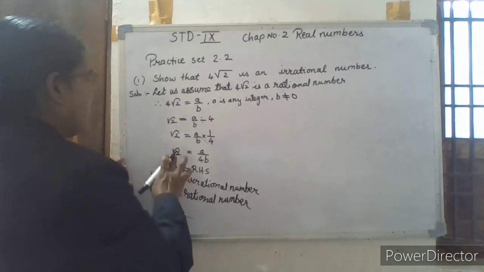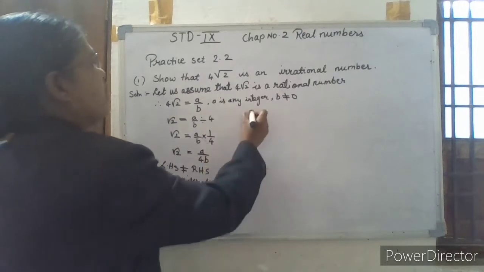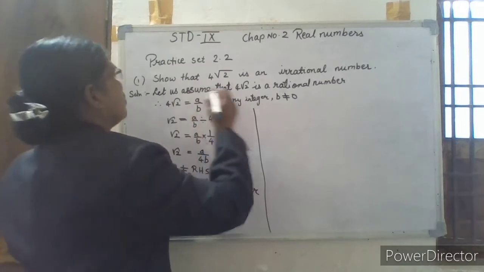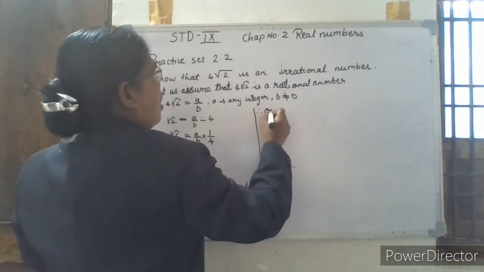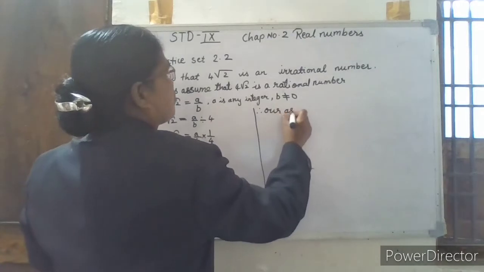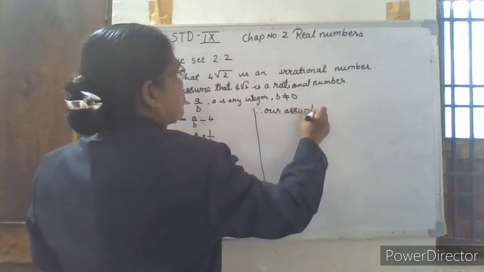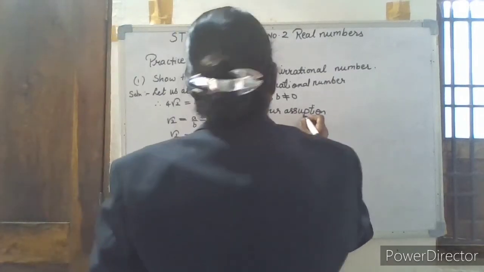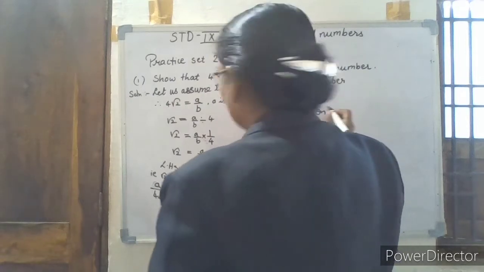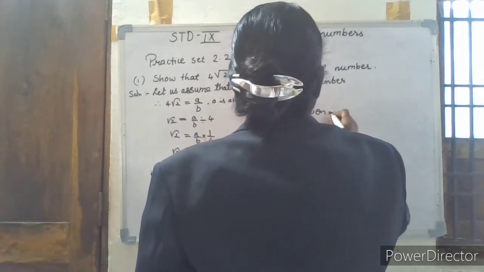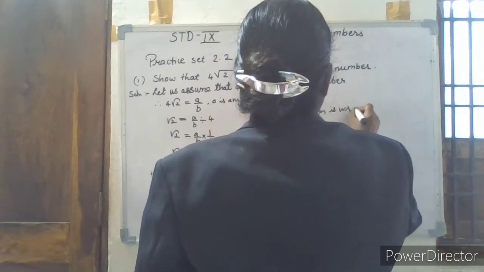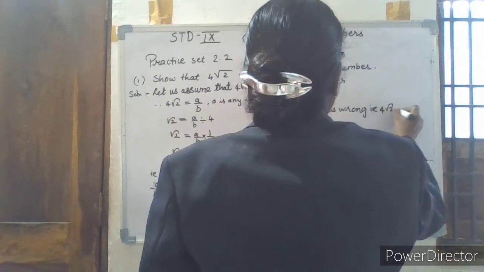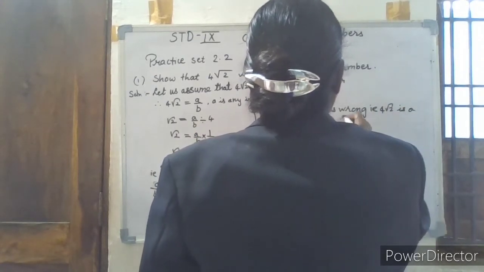Therefore, when left hand side is not equal to right hand side, our assumption is wrong. That is, 4 root of 2 is a rational number.